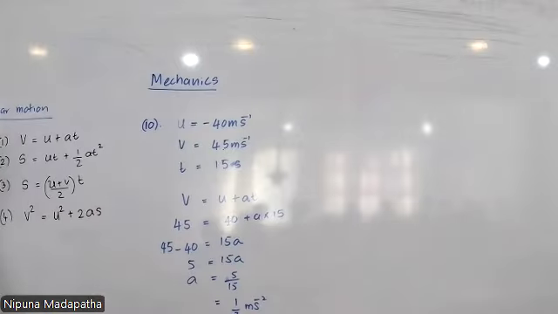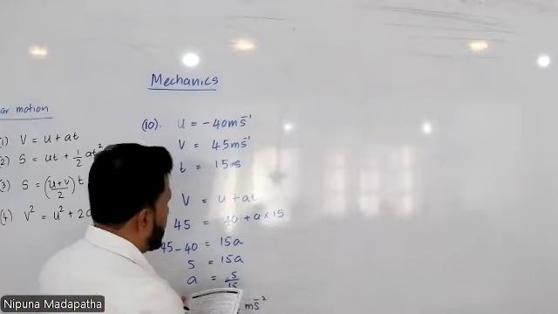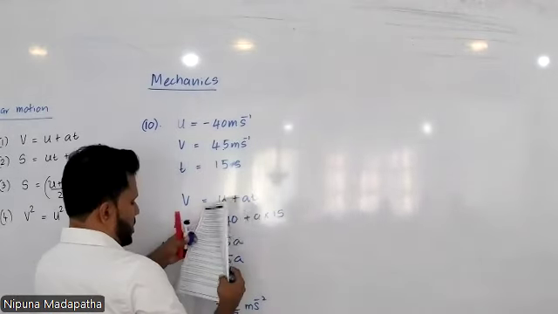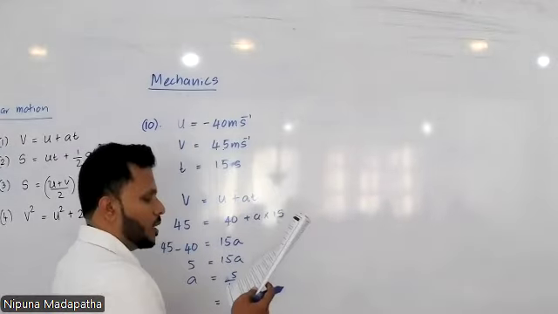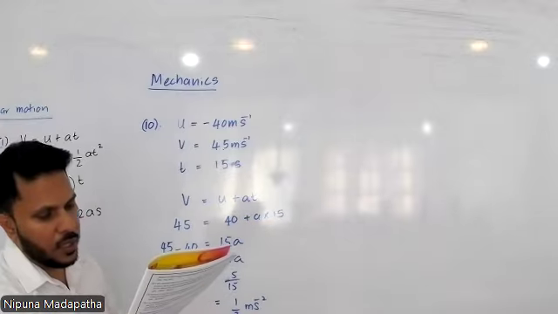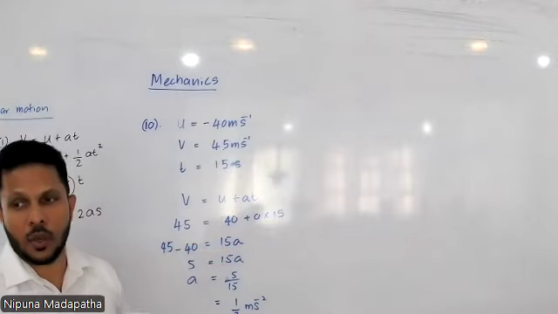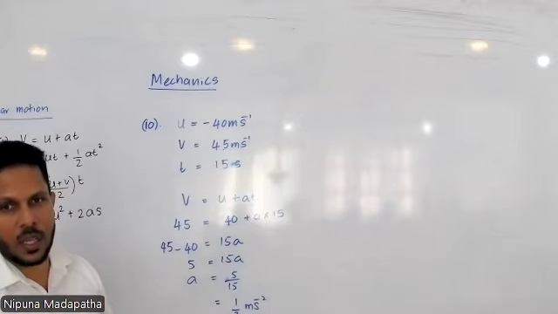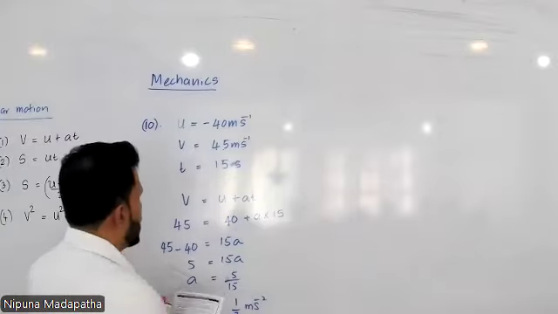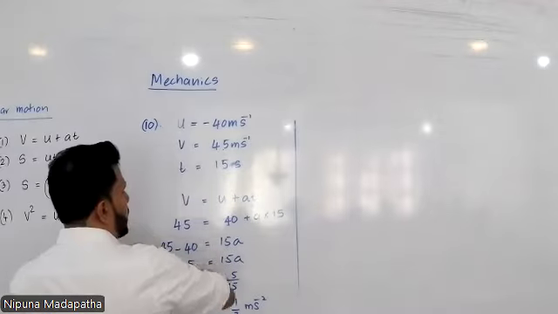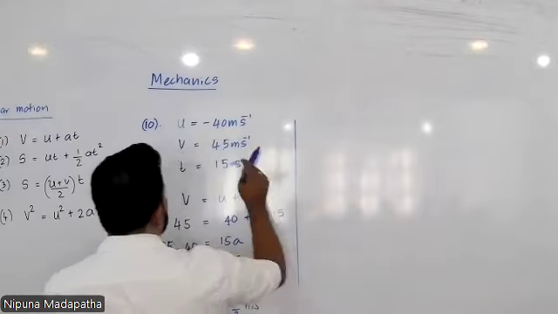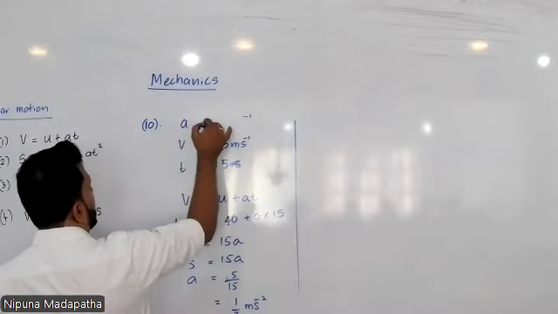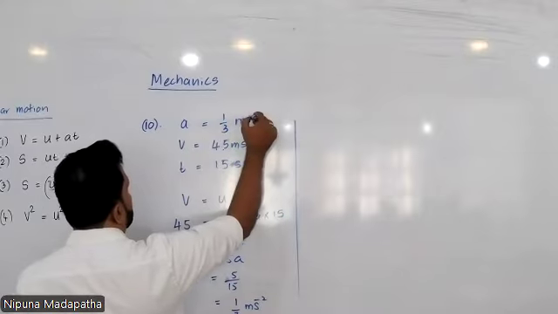Acceleration is 1 over 3. This is not what the question asked, so you can correct that: the acceleration is 1 over 3 meters per second squared. So we assume here acceleration is 1 over 3.